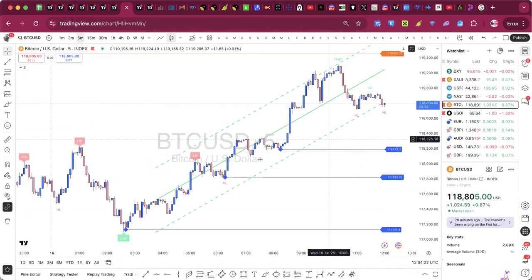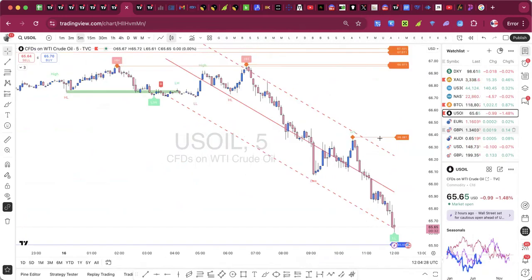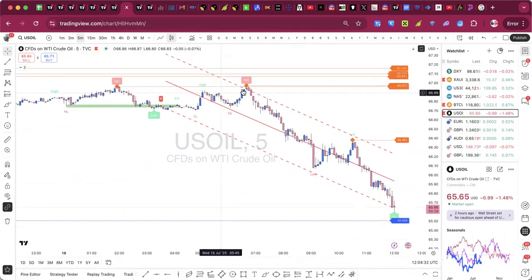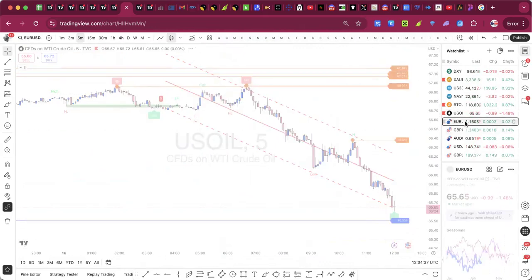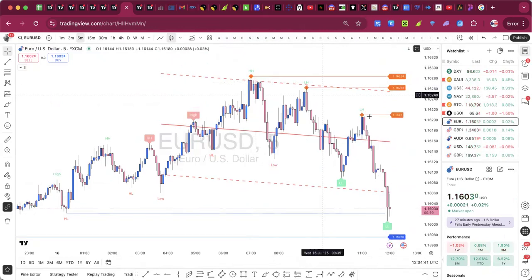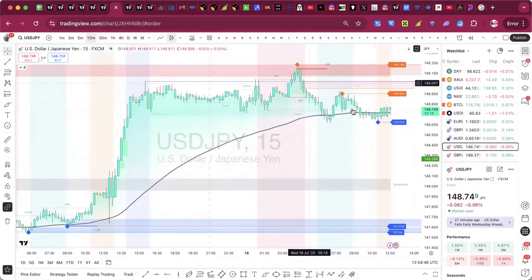Here, this buy here, it moves up here. Okay, so look at the sell here. Look at the sell here. Look at the sell, and a buy.